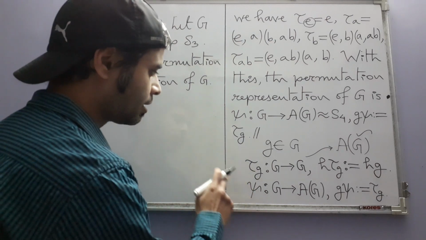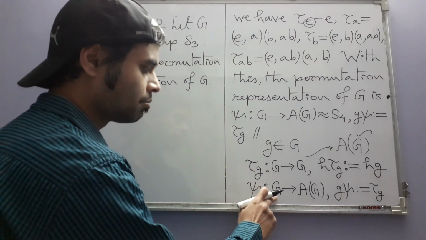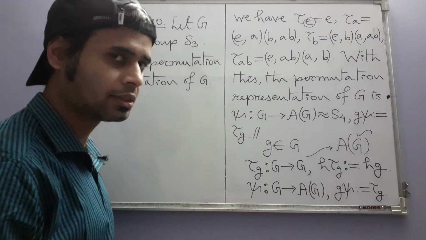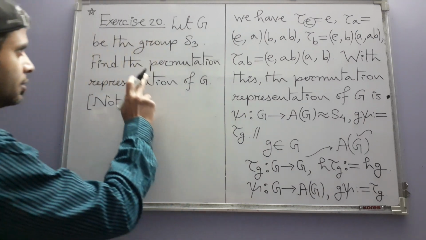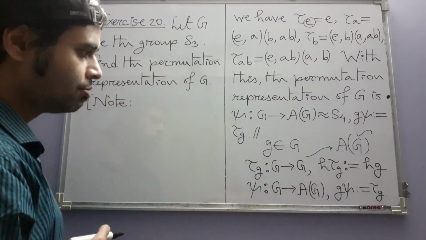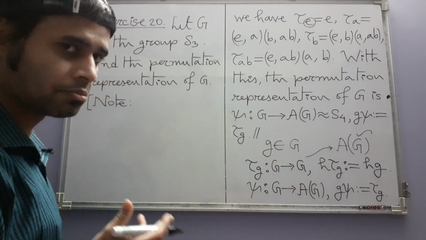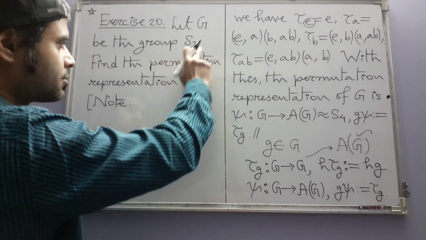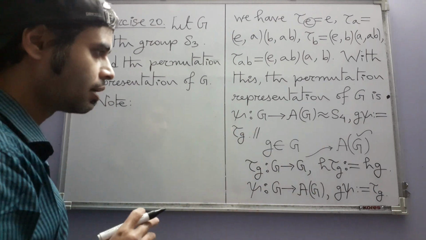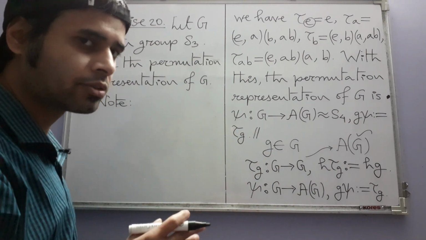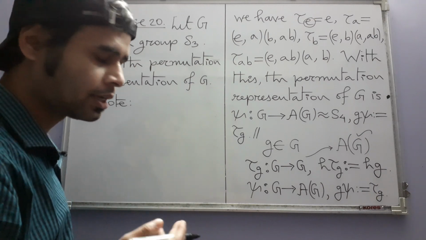Just like in the general case, psi maps G into A of G in a one-to-one manner and it's a homomorphism. Here S3 will be mapped into S6 because we are going to consider A of S3 and S3 itself has 6 elements, so we are going to consider all permutations of 6 symbols, so S6.